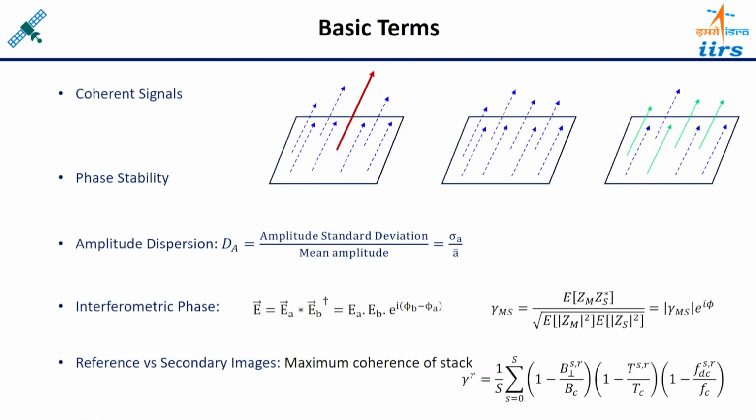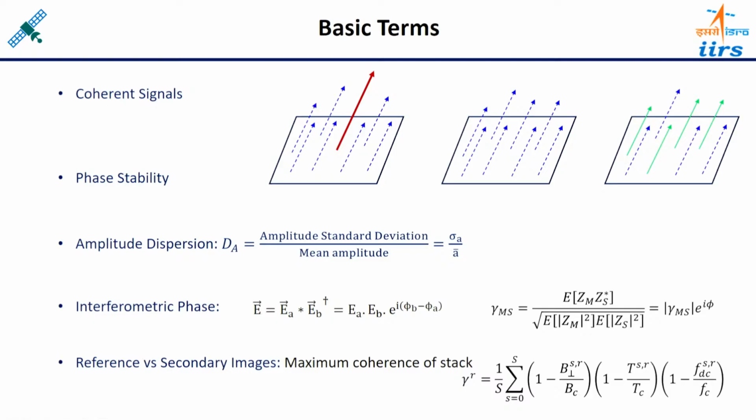The numerator is basically the actual baseline, which is much smaller than the critical baseline. So if you are calculating this, you should know the perpendicular baseline of that particular satellite and that particular pair.